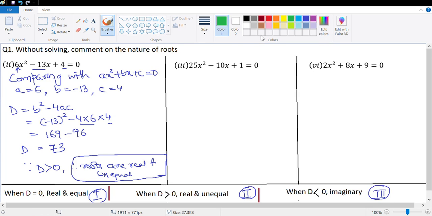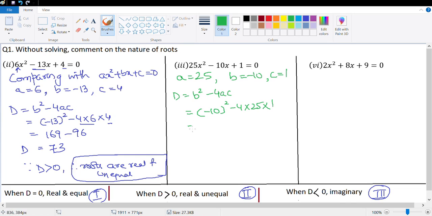Good. Let's look at question number 1, part 3. Again, we need to comment on the nature of roots. So a will be equal to 25, b will be equal to negative 10, and c would be equal to 1. So d, which is equal to b square minus 4ac, would be equal to negative 10 square minus 4 into 25 into 1.